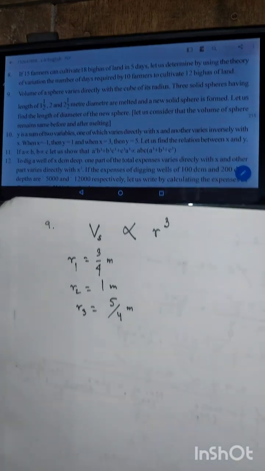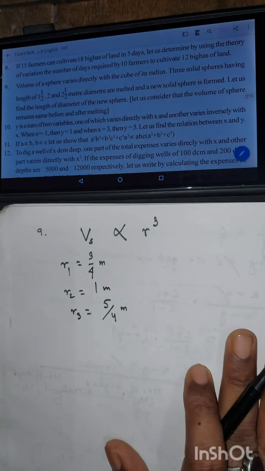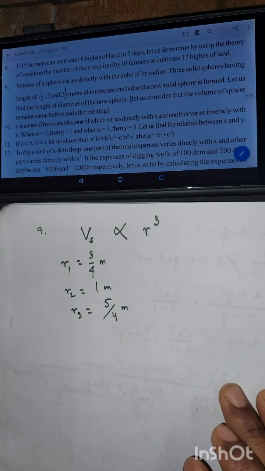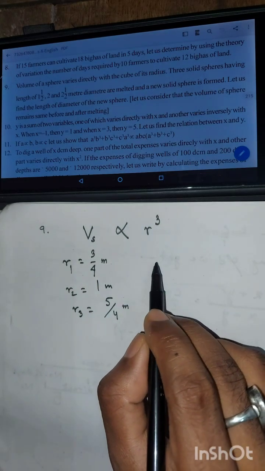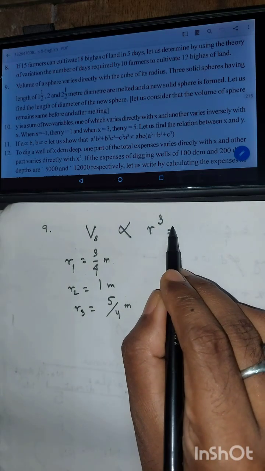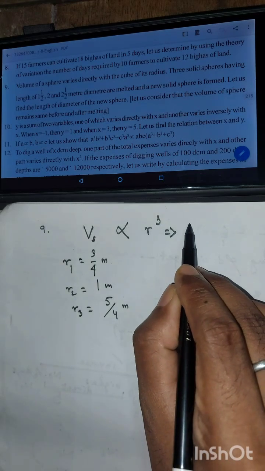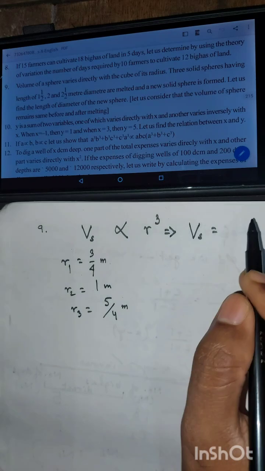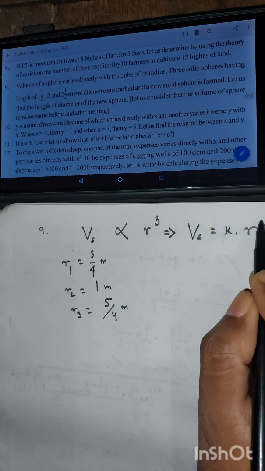Now let us say from this relation we can write volume of a sphere is equal to a constant k into r cube.